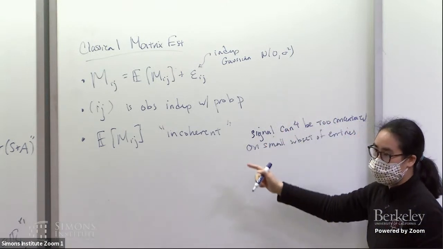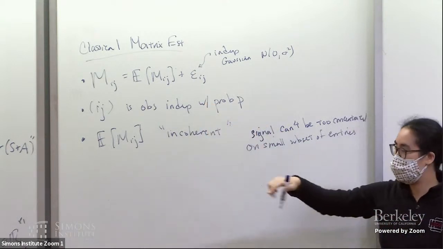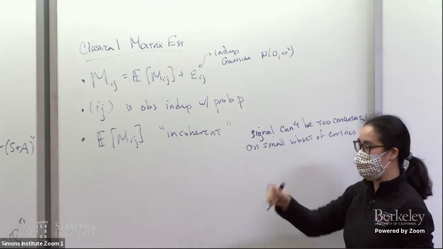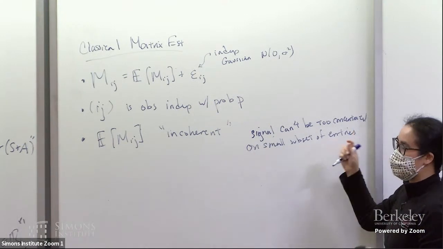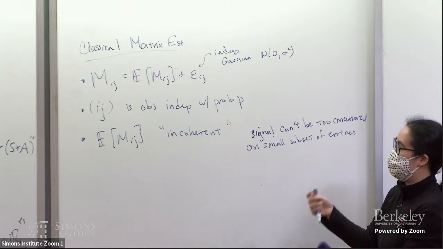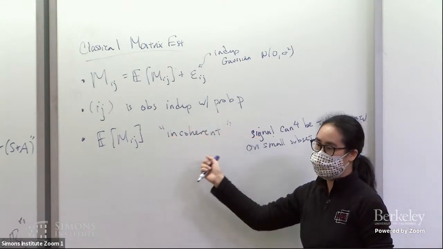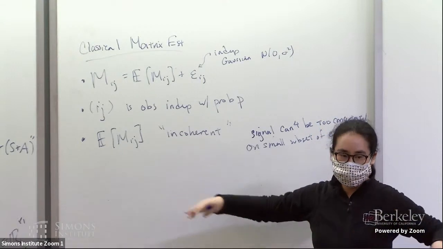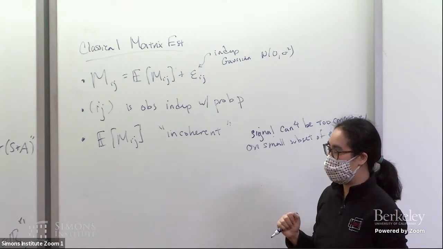This condition is there because I'm sampling each entry independently with probability P, so there's some randomness in my sampling. If my signal is too concentrated on a small subset, and I just don't see that subset, then I'm going to be in trouble. So incoherence means that the signal is spread everywhere in a nice way, so that when you have random sampling, you get to see all the signal that you need to recover.